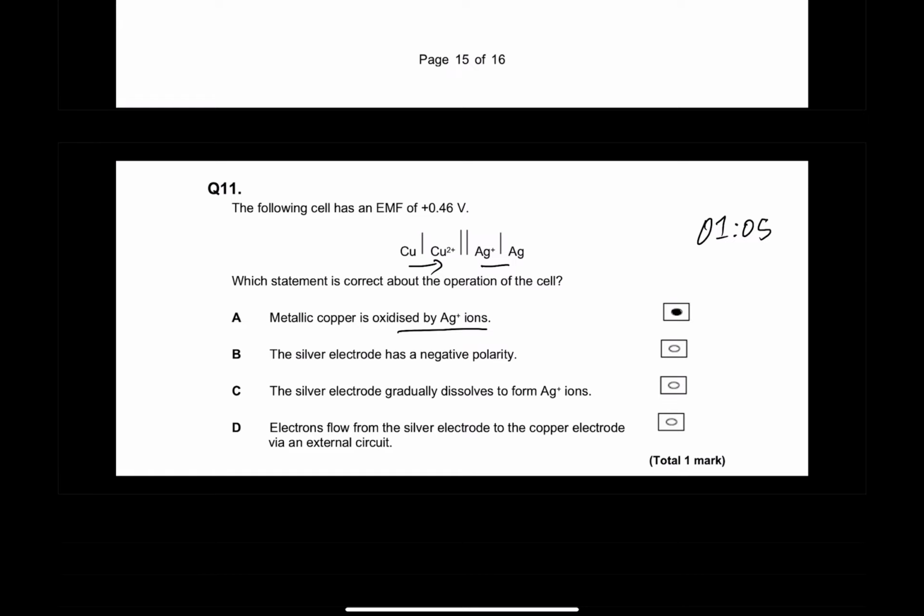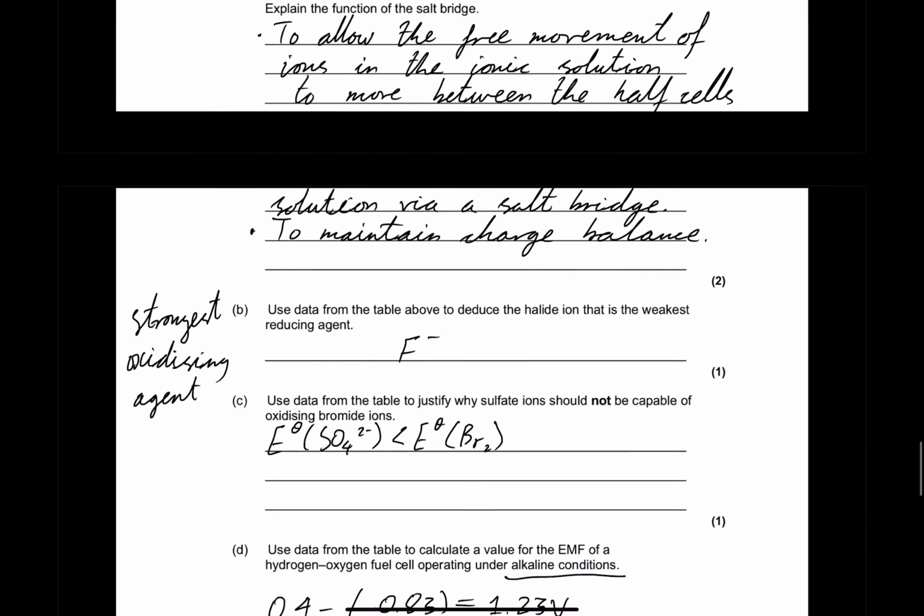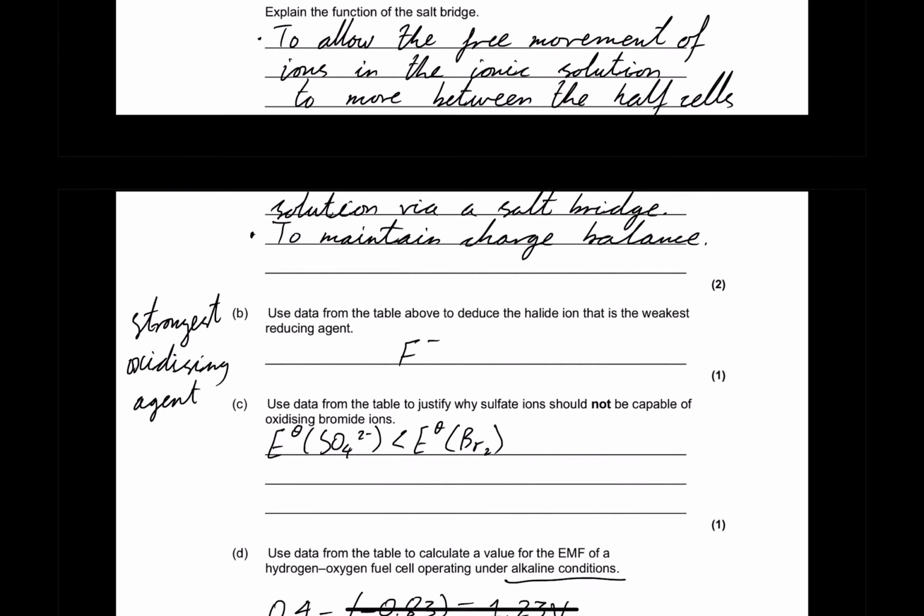Now you can use that 1 minute 5 seconds to look over your questions and see if anything is wrong. I could just add to this here, to maintain charge balance between the half cells.